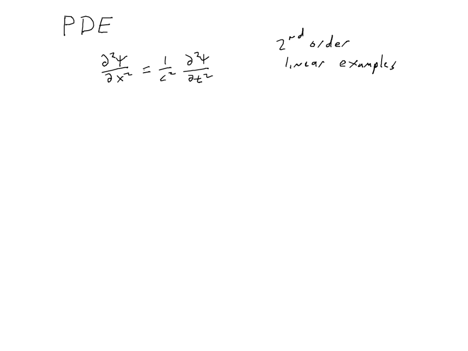In this equation, c represents the speed of the wave, which you could think of as given by the tension divided by the linear density, giving a speed squared or something like that. So this is one example, the 1D wave equation.